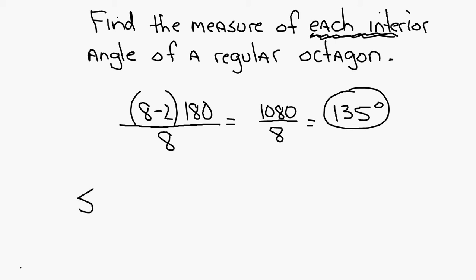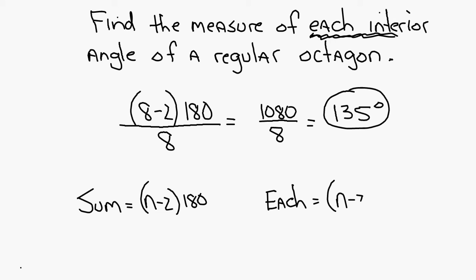So sum equals n minus 2 times 180, and each would equal n minus 2 times 180 divided by n. So read the questions carefully and use the correct formula.